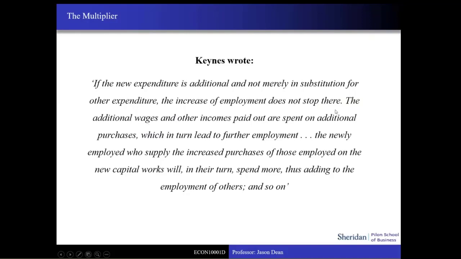If you think of the circular flow, if you increase the pressure, it doesn't just stay at that pressure. It's going to have further increases until it steadies off. "The additional wages and other incomes paid out are spent on additional purchases, which in turn lead to further employment. The newly employed who supply the increased purchases of those employed on the new capital works will in their turn spend more, and thus add to the employment of others, and so on."